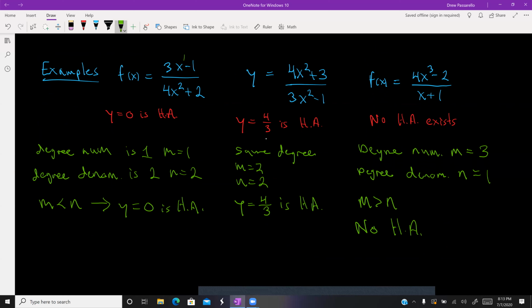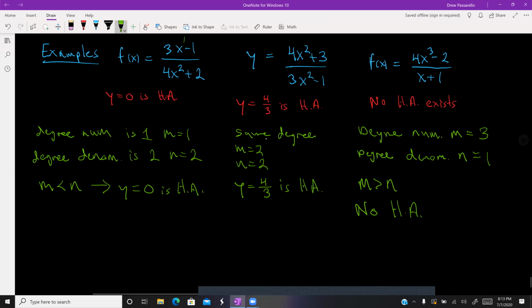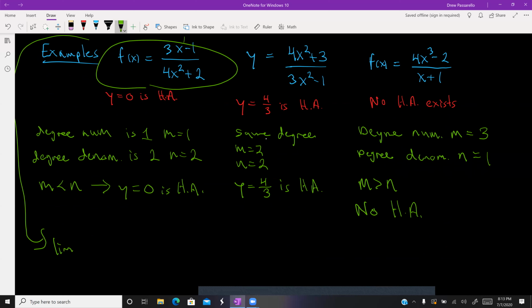All right, for the first example, we would say the limit, if x were to approach infinity, of this is going to be equal to 0, the same value as the horizontal asymptote. The second one, we'd say the limit as x approaches infinity of f of x is going to equal 4/3, the same value as the horizontal asymptote.